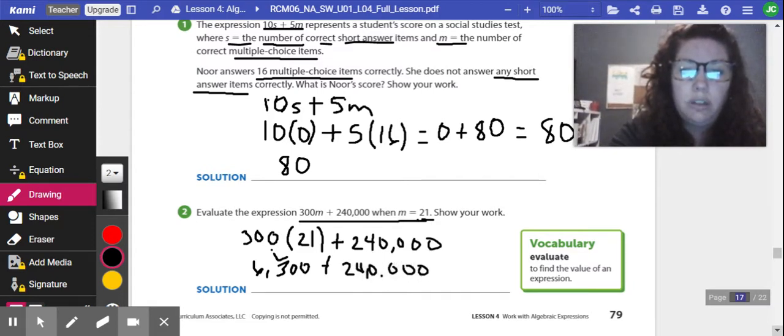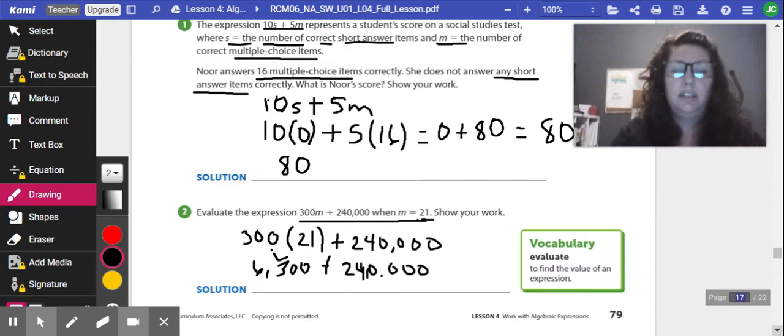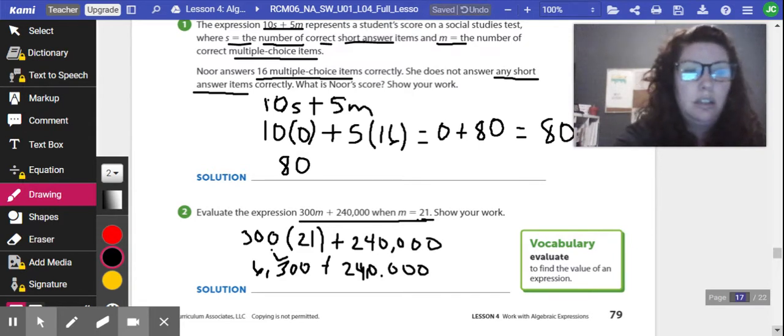That should be a 4. There we go. Sorry about that. Okay, so now go ahead and add 6,300 plus 240,000. And what do you get? So that should be pretty easy, right?